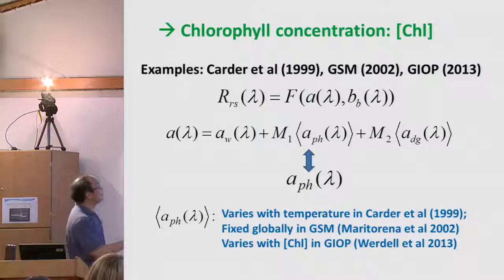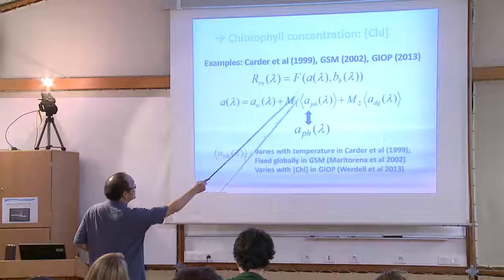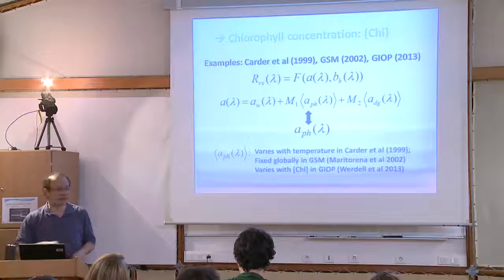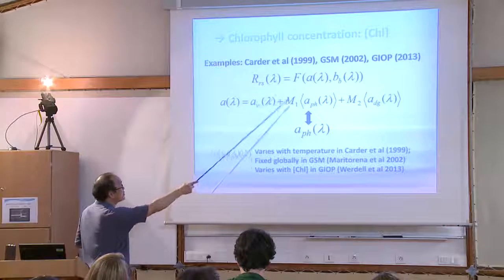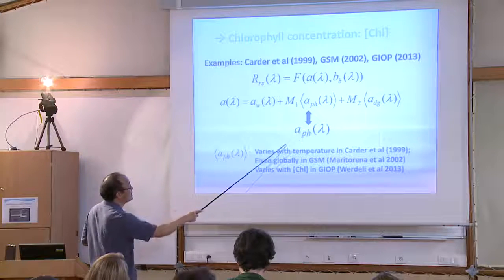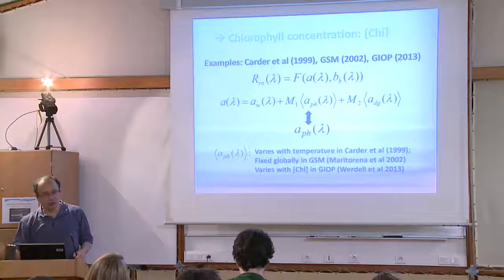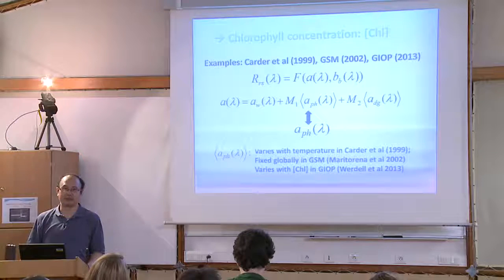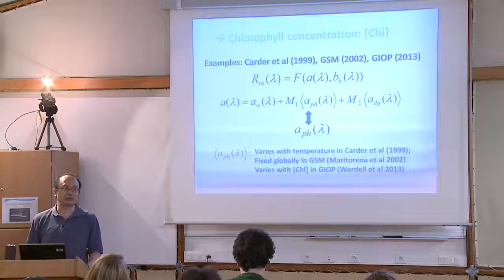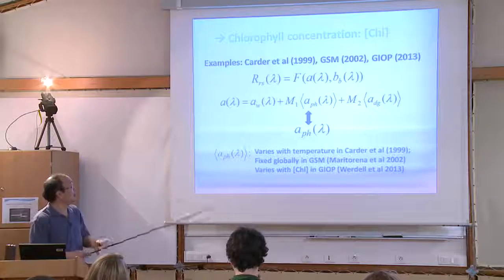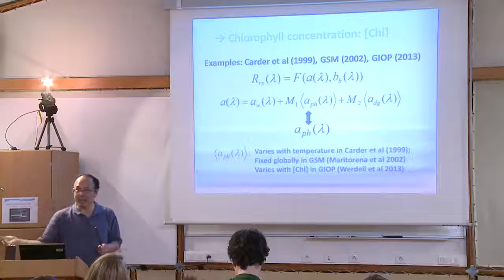Actually, those are built into the QAA, GSM, and the GIOP. Basically, the chlorophyll in the QAA algorithm, in the GSM algorithm, in the GIOP algorithm, it's a conversion of this aph to chlorophyll a concentration. So in IOPs, we can also get you the chlorophyll. Sometimes it's explicit, sometimes it's embedded, like in QAA or GIOP, it's embedded in it.